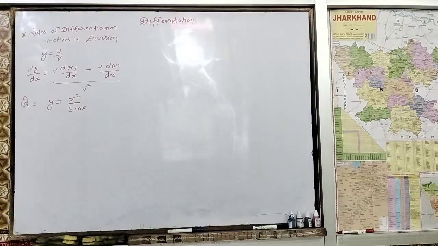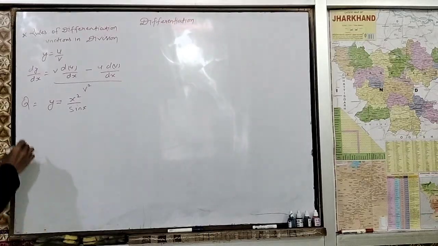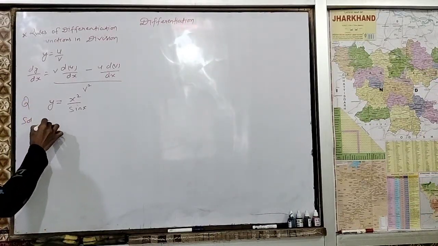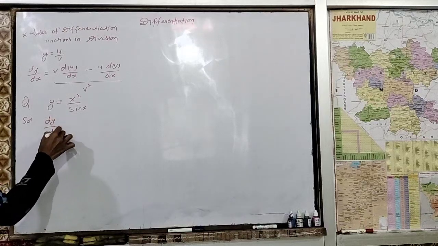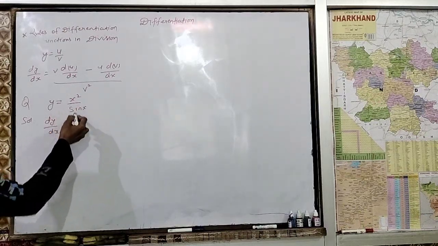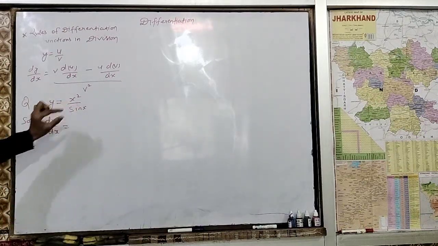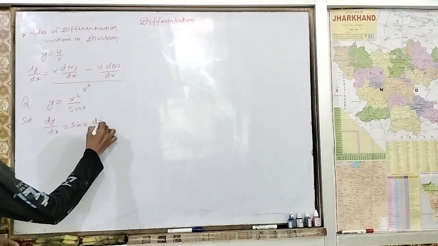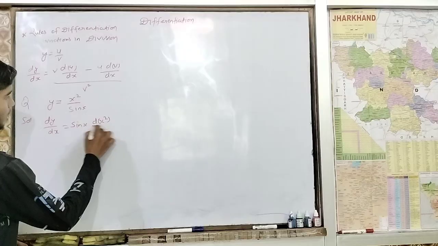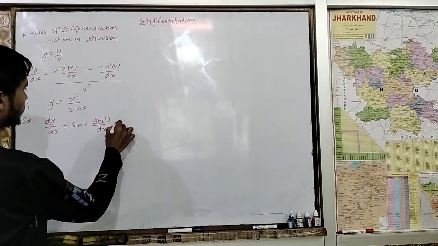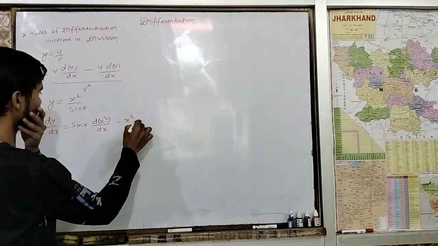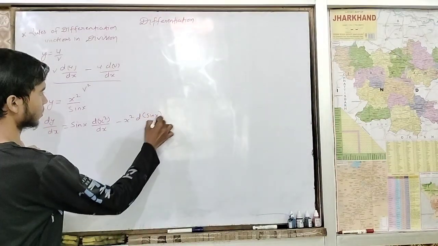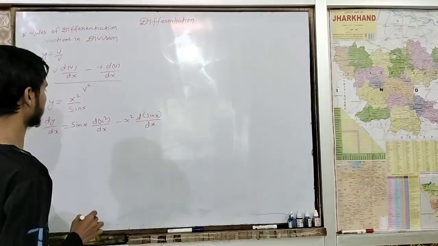Then let's apply our rule and solve this. Here dy upon dx, first this will be differentiated but not this. So sin x will be as it is, the differentiation of x squared, then x squared will be as it is, then the differentiation of sin x upon dx.